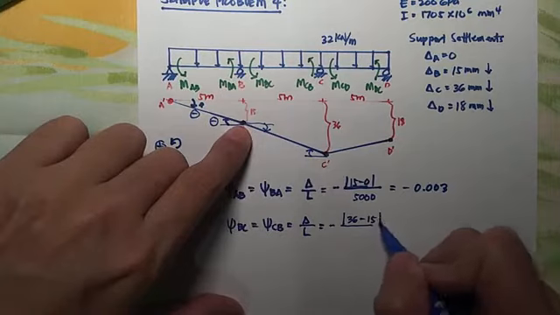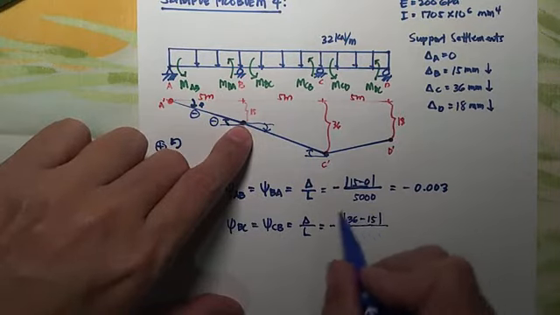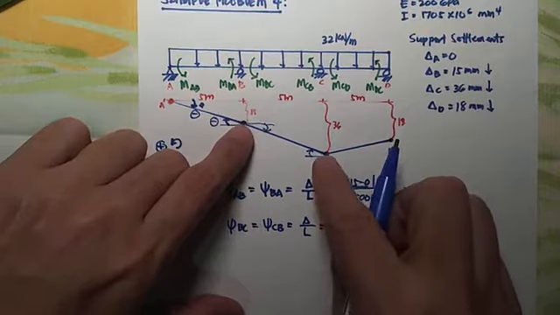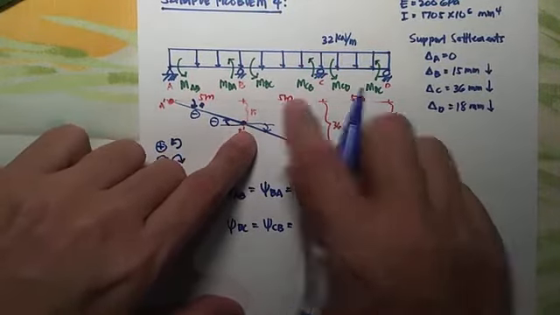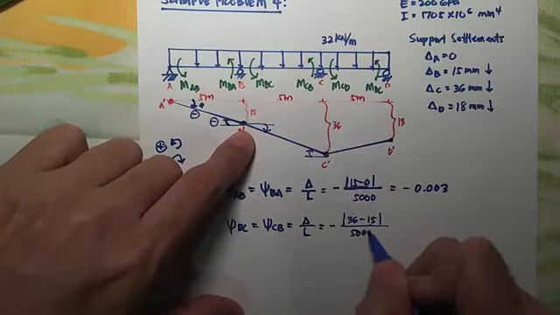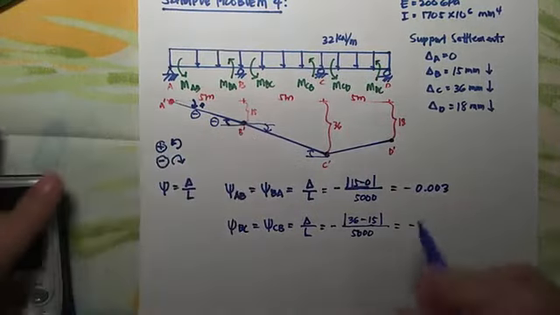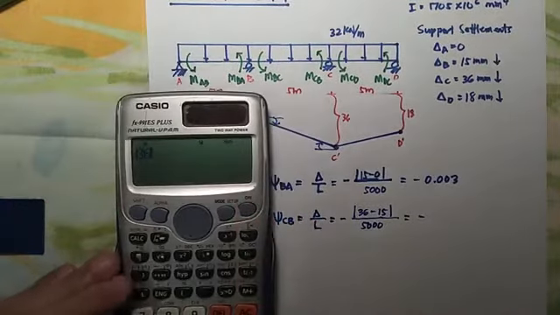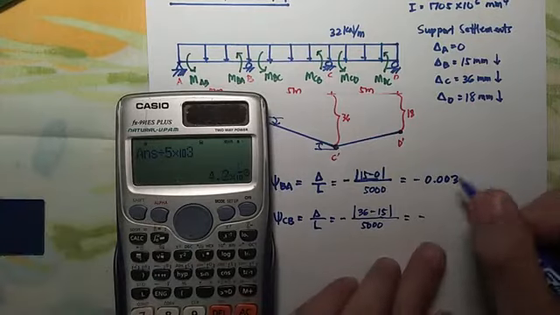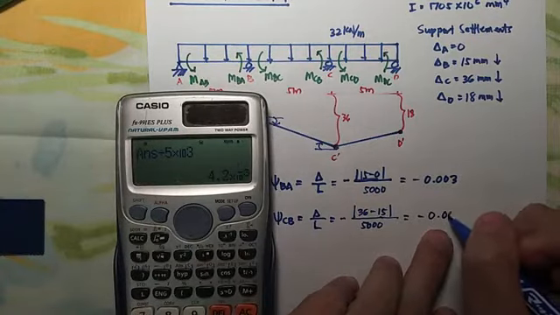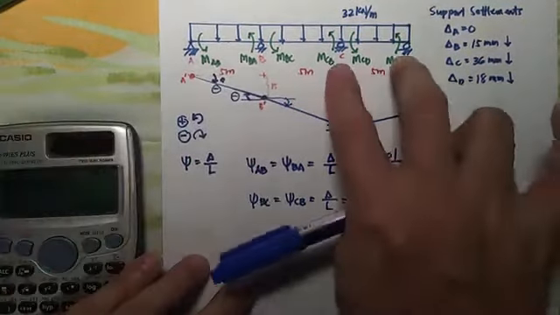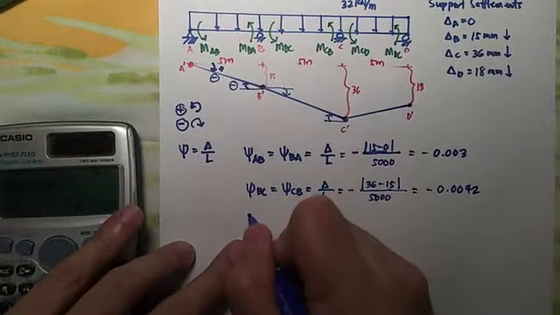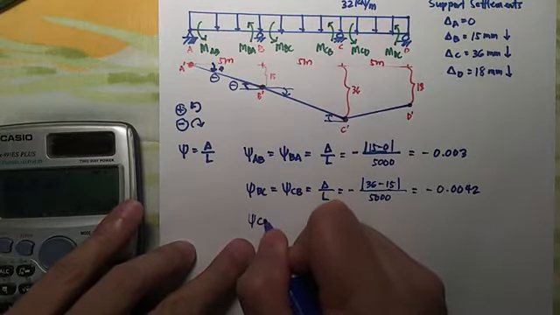Kasi relative displacement ang kailangan natin. So, i-minus natin yung displacement between these 2 points. 36 minus 15 divided by the length between these 2 points, which is also 5 or 5,000 millimeters. So, that's negative 36 minus 15 divided by 5,000, which is actually negative 0.0042.